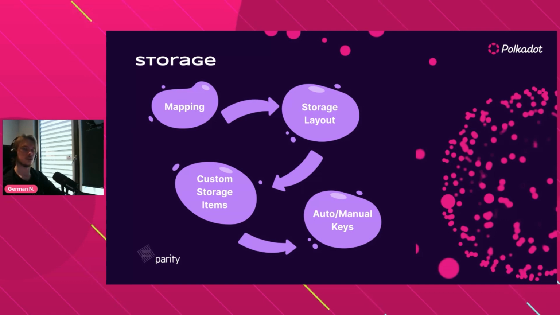I'm going to explain how it's defined in Ink and how it might be different from Solidity. Then we're going to move into custom storage items, specifically how you can define your own data structures and how you can store them in storage. And then finally, we're going to finish off with the generation of keys using automatic and manual methods. On the last slide, I'll give a couple of tips to consider when designing smart contract storage. So let's start.